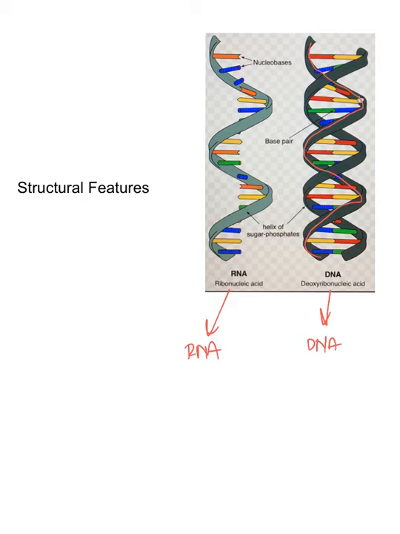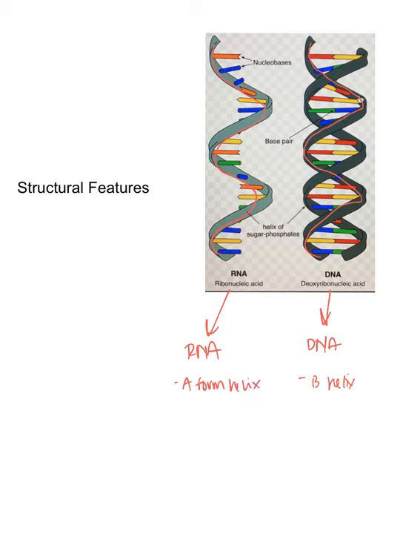Whereas RNA is going to form what we call an A-form helix, and that's just simply how the phosphate backbone is organized such that it forms a certain type of helix. So we have DNA is B-form, RNA is A-form helix.